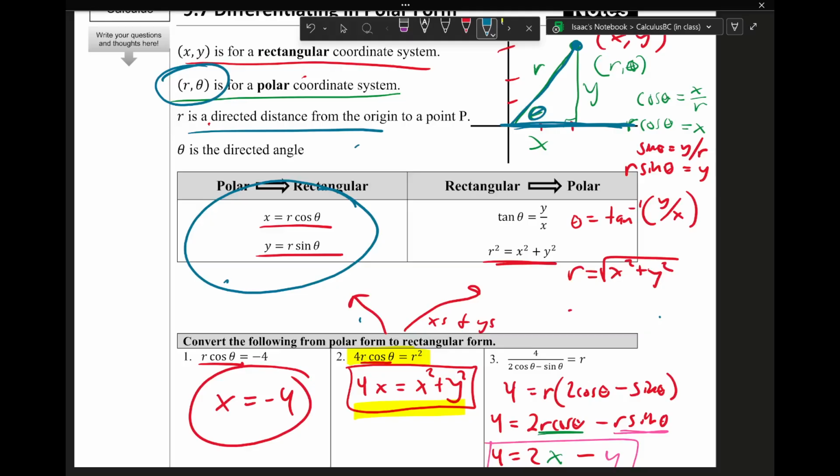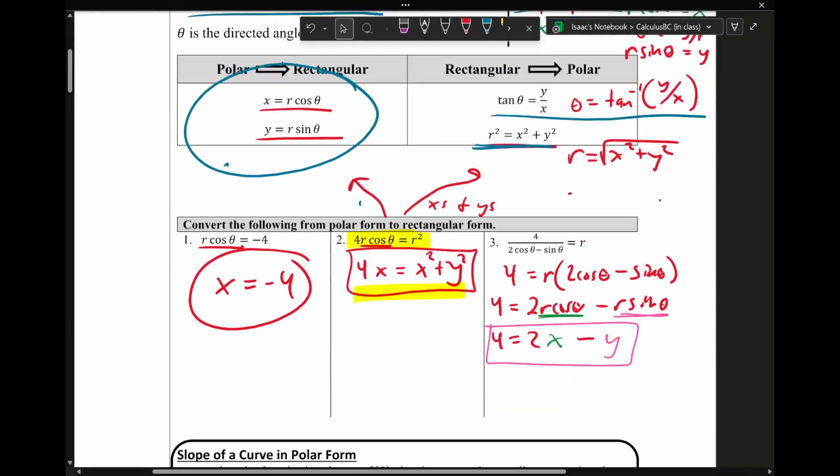And then when we have rectangular, so we have x's and y's, but we want it in polar, we can use these two. Because in polar, you need r and theta. R could be the square root of x squared plus y squared, and theta is the inverse tangent of y over x. So if we have r and theta, we can use these to find x and y. If we have x and y, we can use these to find r and theta. So those are the ways to switch back and forth.